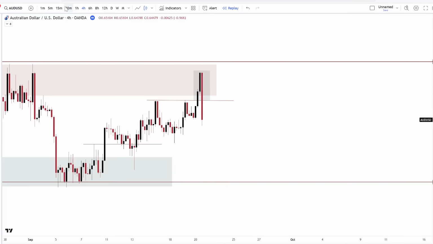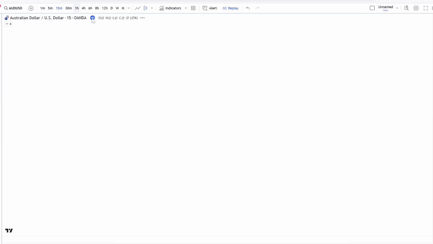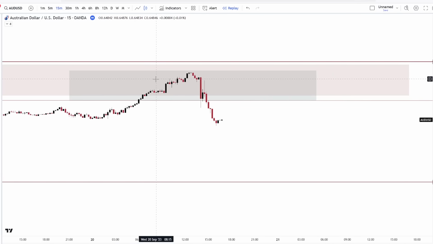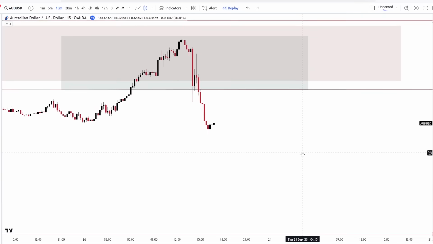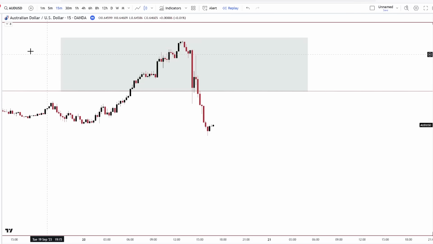And how would you enter this trade? Of course, I explained this multiple times as far as your lower time frame confirmation. You can go in a lower time frame and you could look for a range. So let's clear this, make it a little bit more clear. What you're looking for is a range to form and a range to be broken. So as you can see here, you had a swing low, swing high, and price came back down.